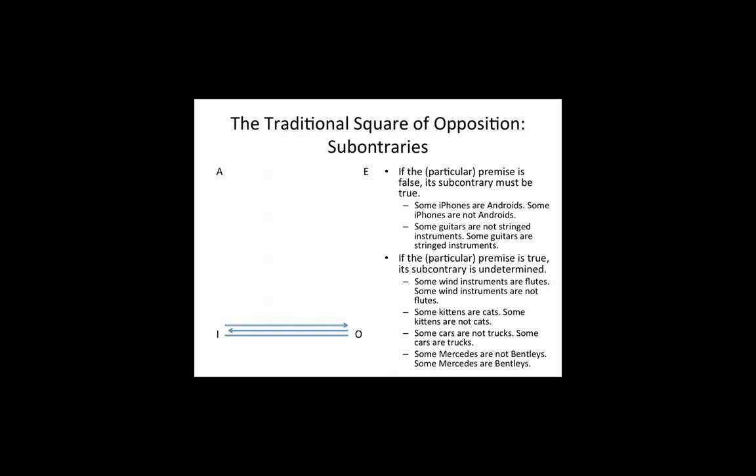You'll notice that when you start with a true I, you sometimes get a true O, you sometimes get a false O. The same with starting with a true O. You sometimes get a true I, you sometimes get a false I. Because the inference is undetermined, we don't allow that inference as a necessary inference.